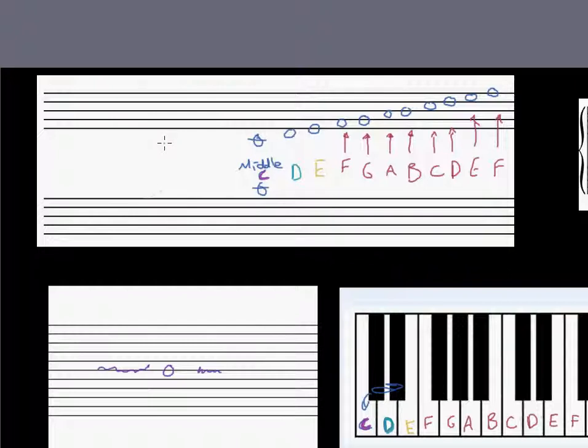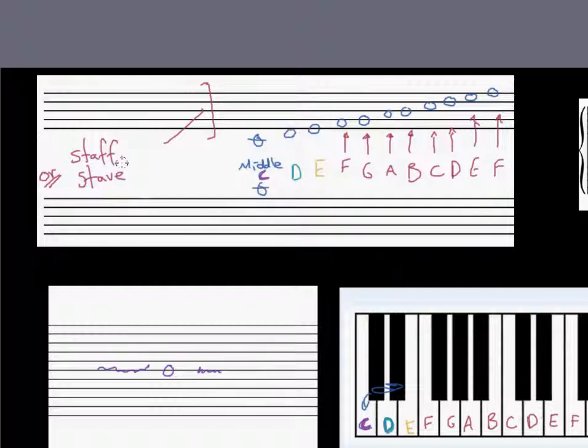This set of 5 lines, or any set of 5 lines, is called a staff. It's also called a stave, and these two words are used interchangeably. I've noticed there has been some confusion as to whether it's called a staff or a stave.